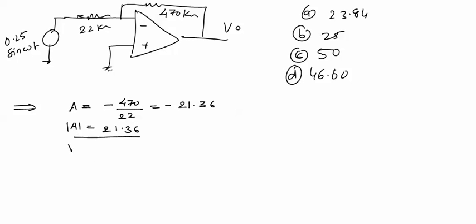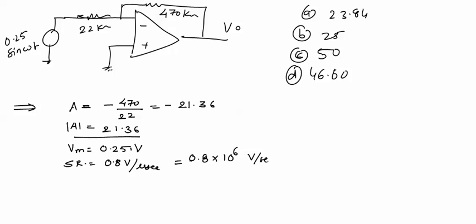Also, Vm is given 0.25 volts and slew rate equal to 0.8 volt per microsecond, which can be written as 0.8 into 10 raised to power 6 volt per second. Now we want to calculate the maximum frequency.